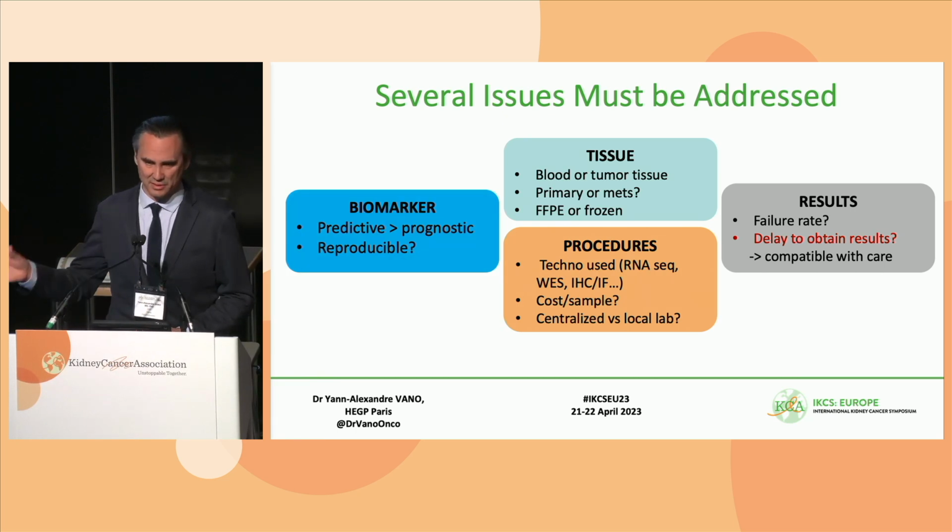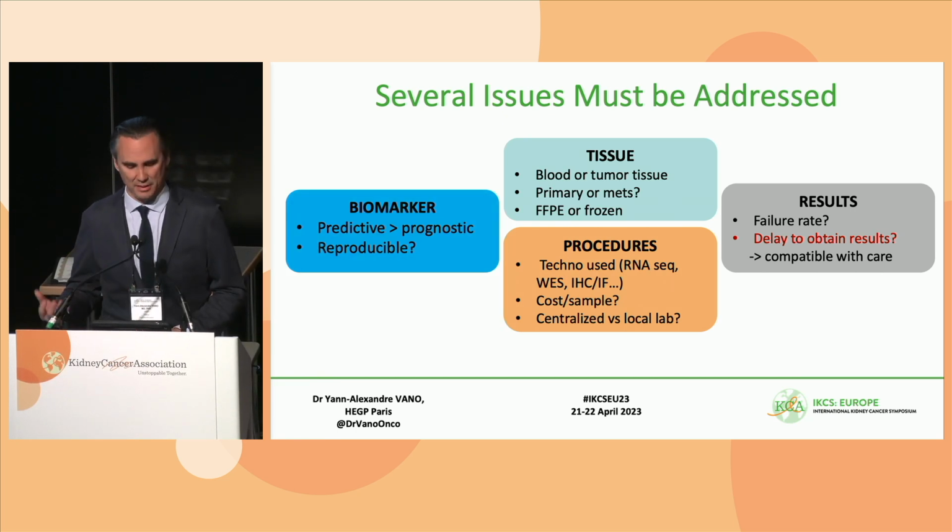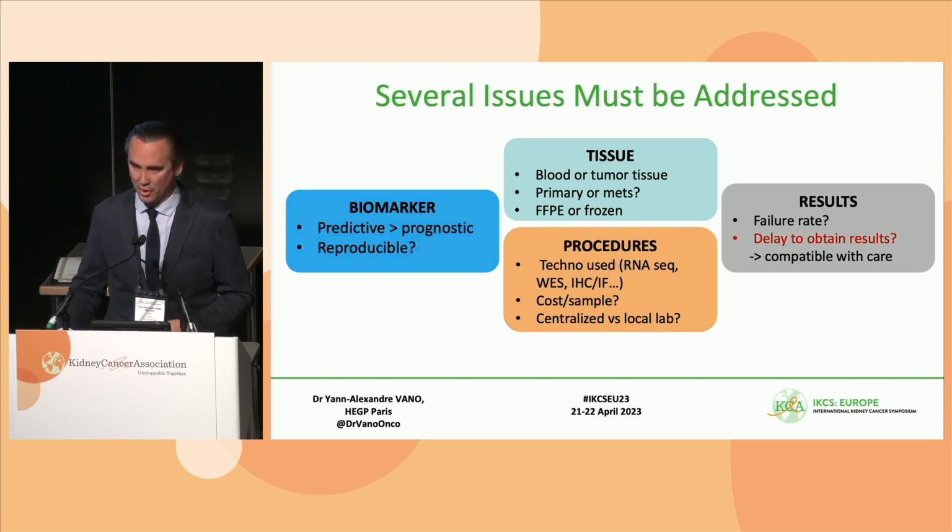And of course, I think the most important here is the delay to obtain the result, and the delay should be compatible with care. In the BIONIC trial, we have a delay of 2 weeks between the sample reception and treatment molecular grouping.